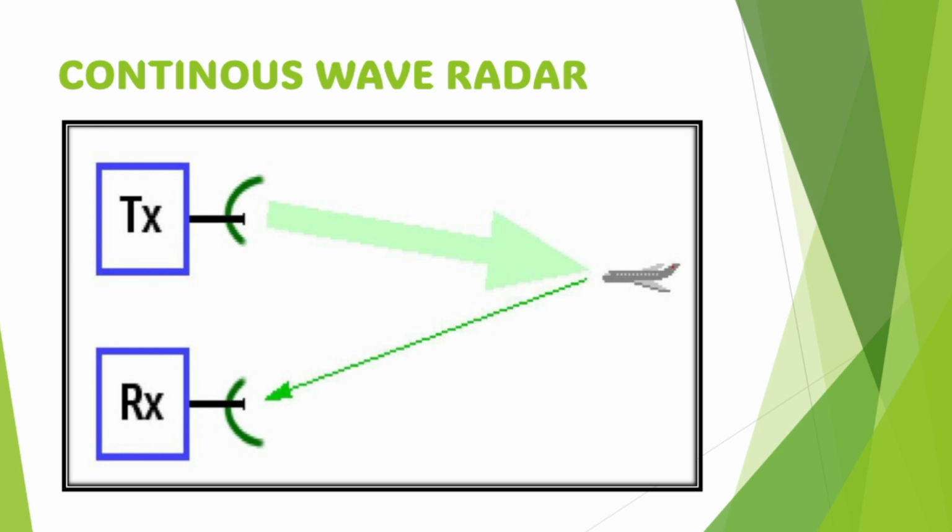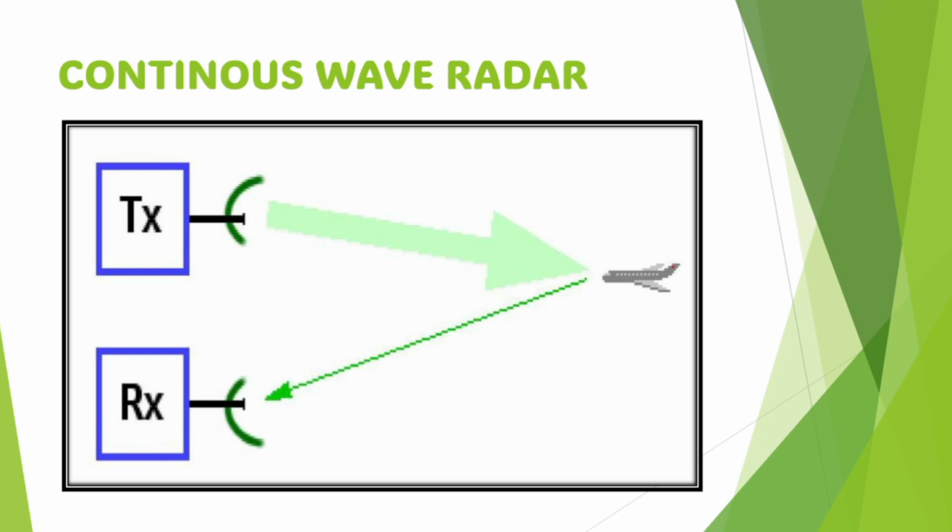Here, the energy reflected by a moving target gets shifted in frequency by, suppose, delta F. A part of the radiated energy reaches the radar receiving antenna directly. This wave has the same frequency as the transmitted wave.